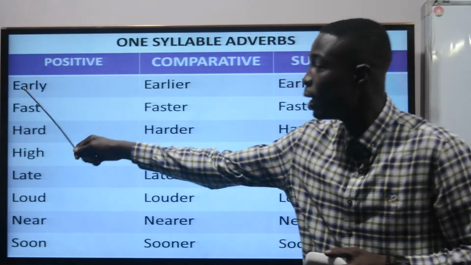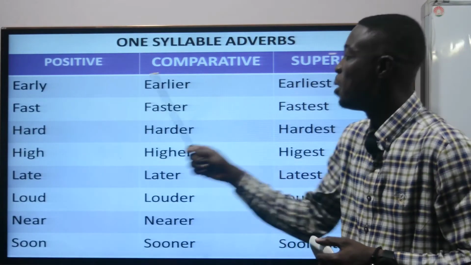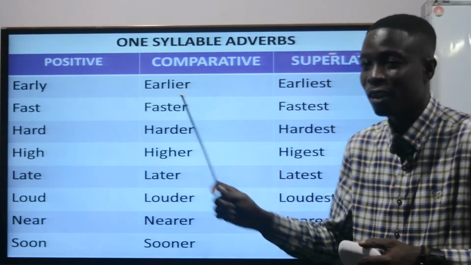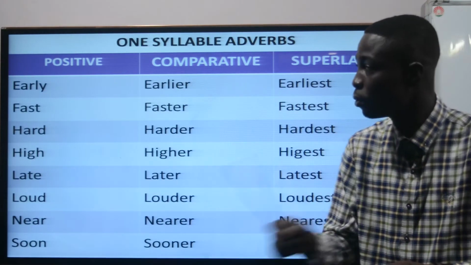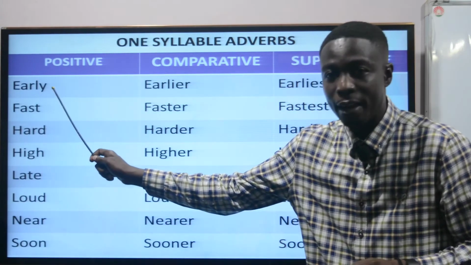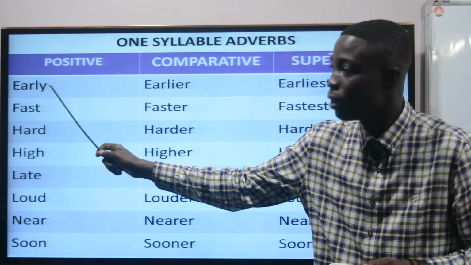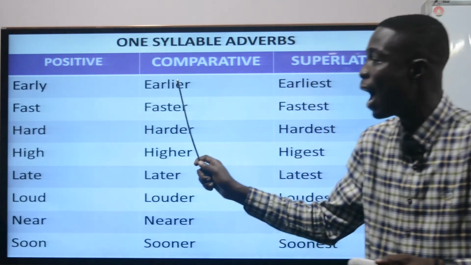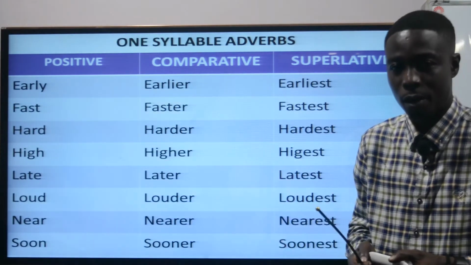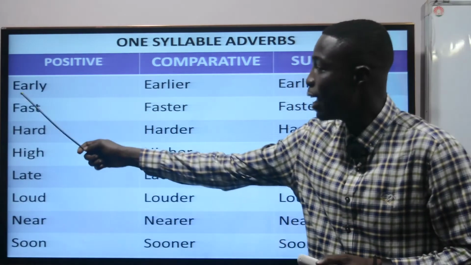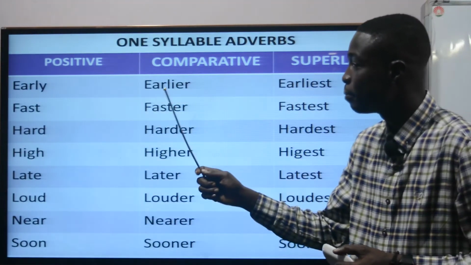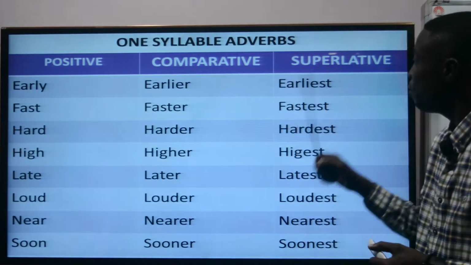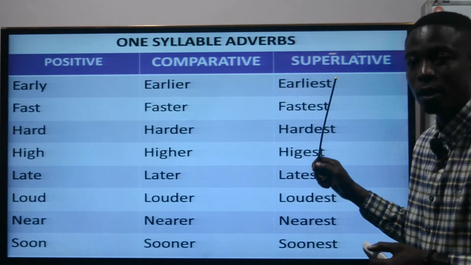So early, the comparative: we use ER, and be mindful. If the word ends in Y, we change the Y to I before we add the ER. That is why early has earlier, and the superlative is earliest.